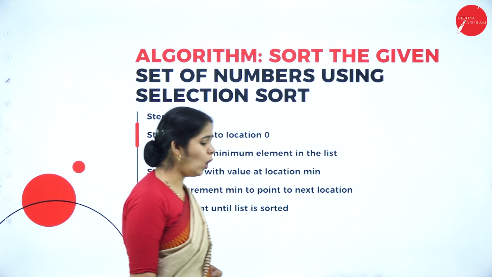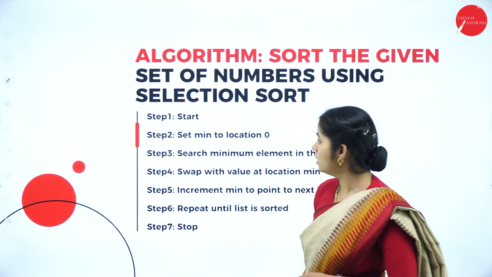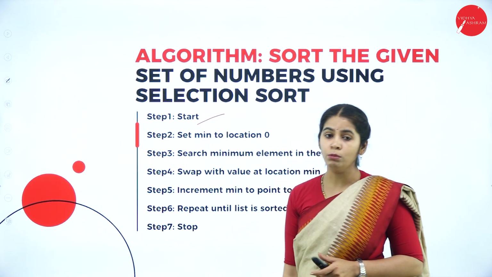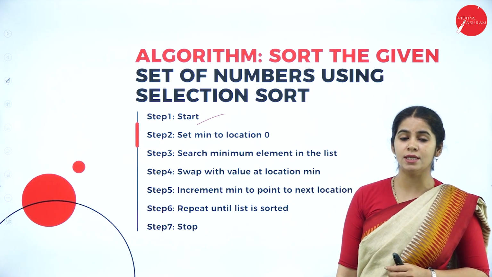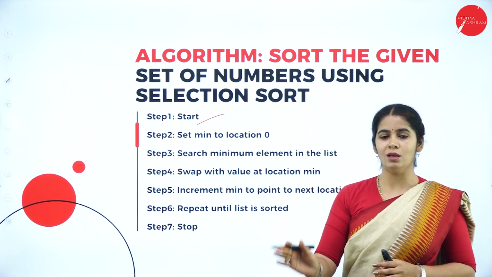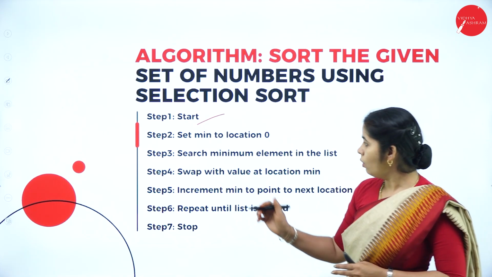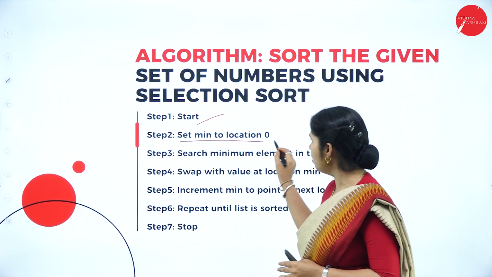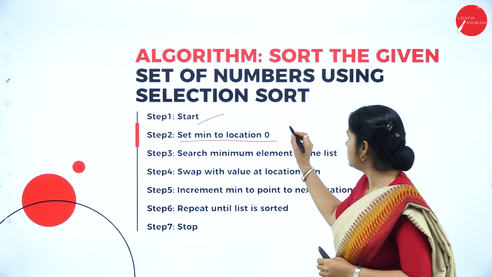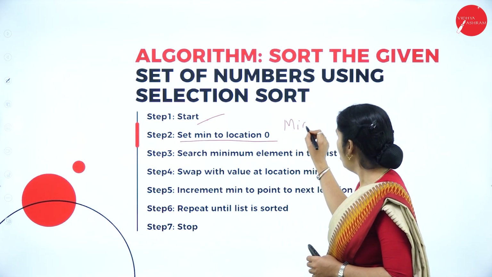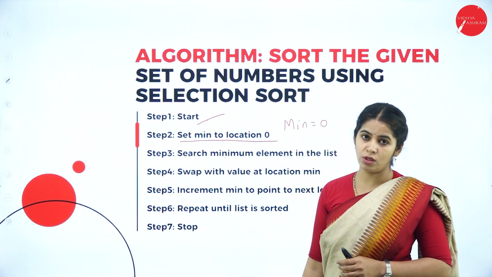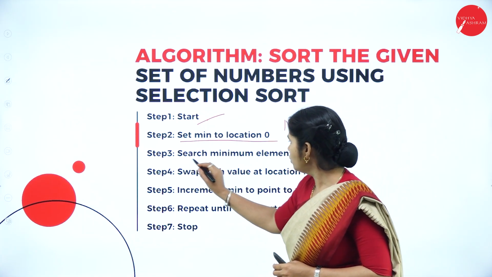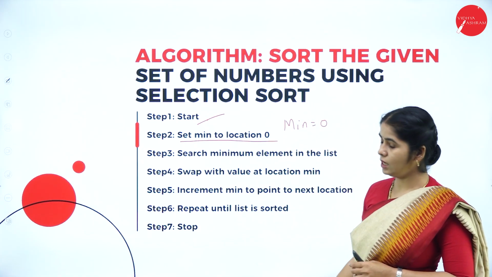Let us see the algorithm, how we can do this. Step 1 of the algorithm to sort the elements using selection sort: for any algorithm, step 1 is start. Then we have to set the minimum to location 0. What is my minimum value? Minimum value is set to 0. Then search the minimum element in the list.